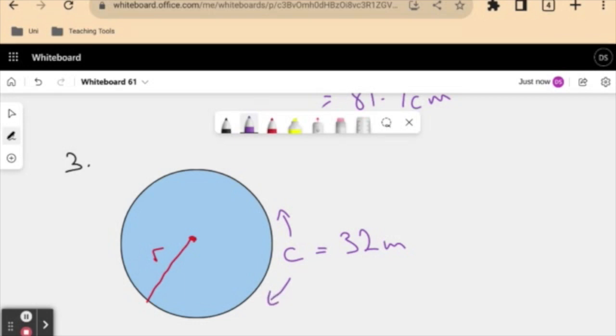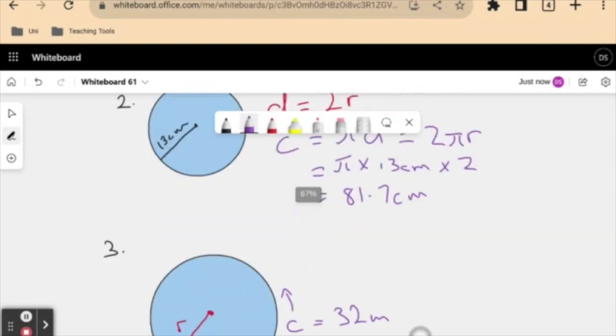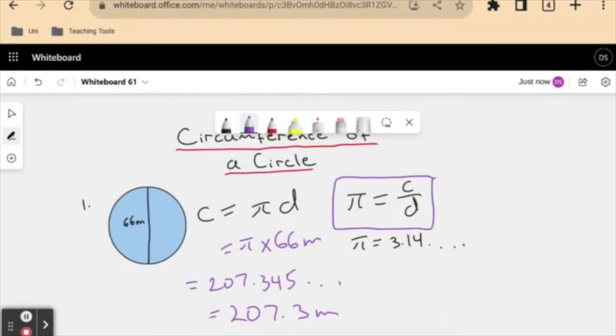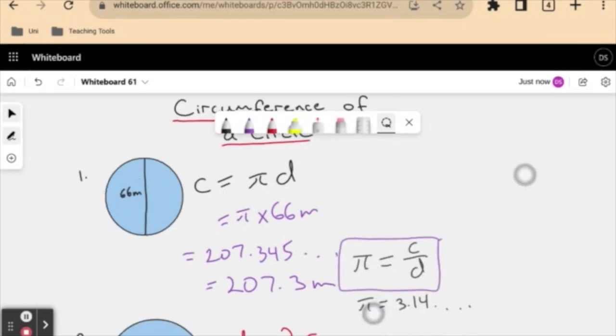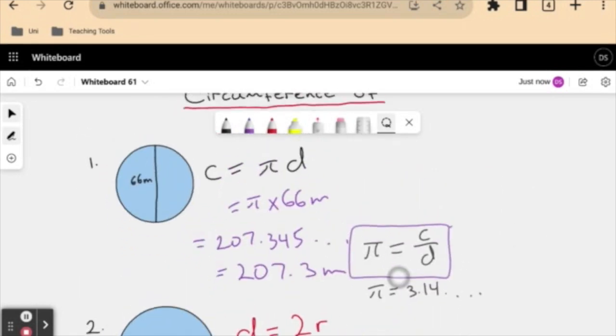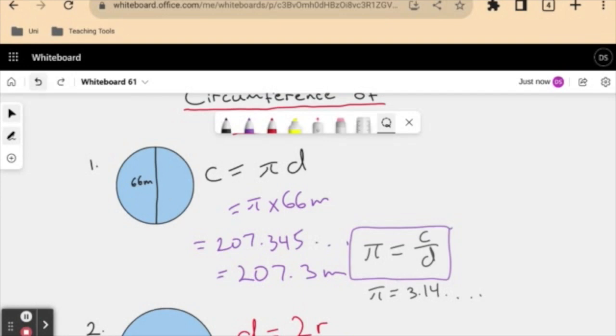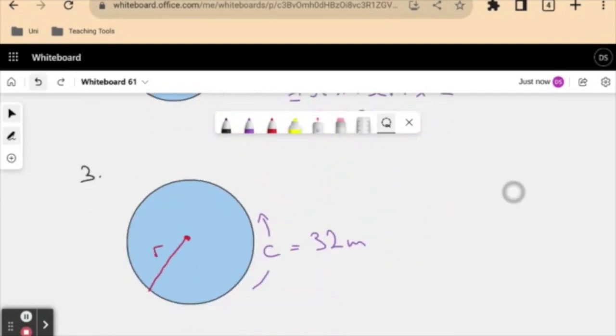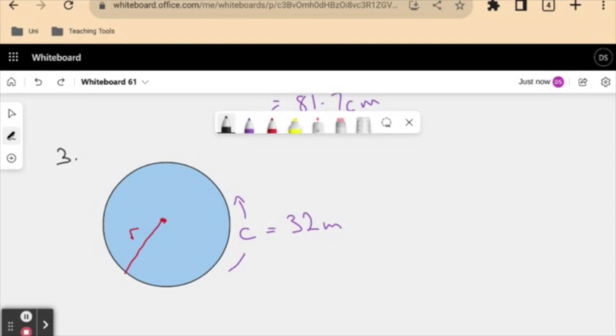Now, this is a little bit different to what we dealt with before, but let's just revisit the equation that I gave you guys earlier. I'm going to write it out again because my software is playing up a little bit.